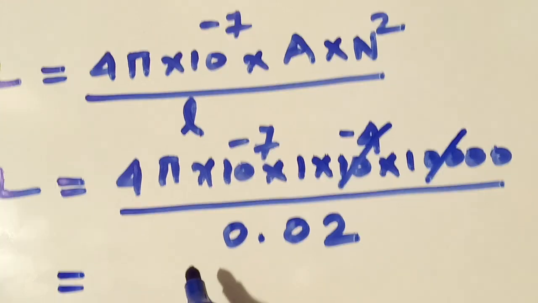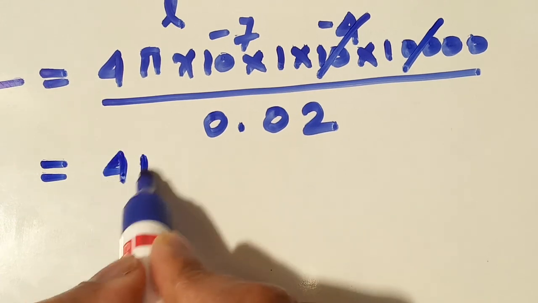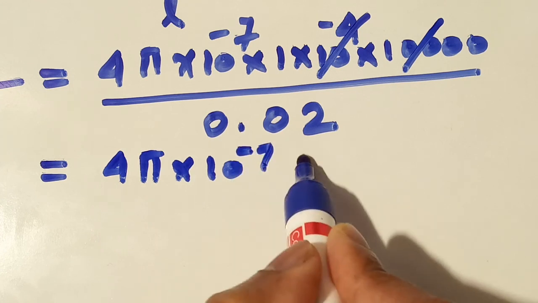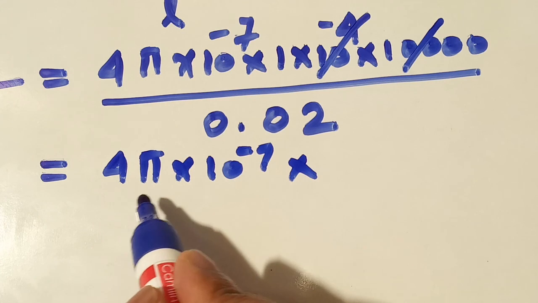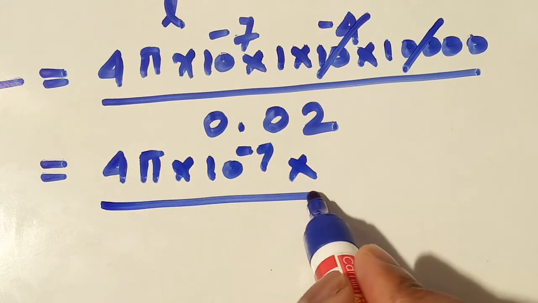We'll be left with 4 pi multiplied by 10 to the power minus 7 multiplied by, in the denominator we have 0.02, so I will multiply the denominator and numerator by 100.